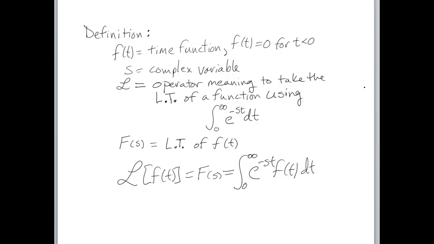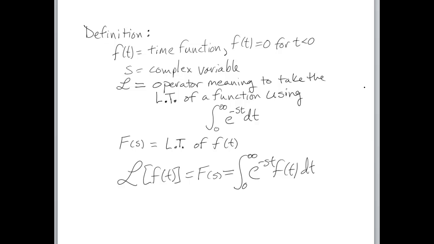This large F of s is the symbol for the Laplace transform of f of t, and that s in the parentheses means that you're now working in the s domain. You've converted your function from the time domain to the s domain.